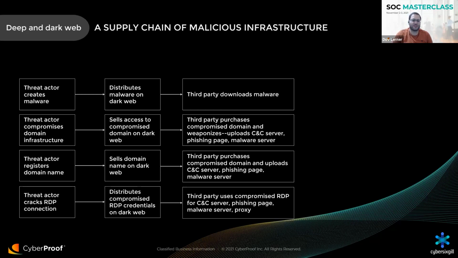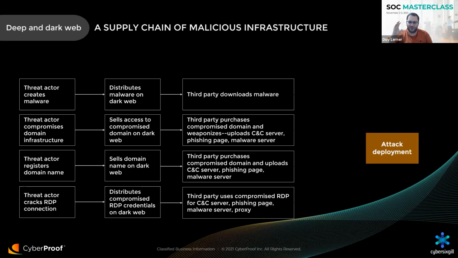And the last scenario, RDP. So a threat actor can crack an RDP connection. They can do whatever they want themselves, or they can distribute the RDP credentials on the deep and dark web. RDP is a great initial entrance vector for ransomware, but there are all sorts of things that one can do with compromised RDPs. Okay, so now generally, after all these happen, the attack is deployed. And a telemetry-based feed, right?